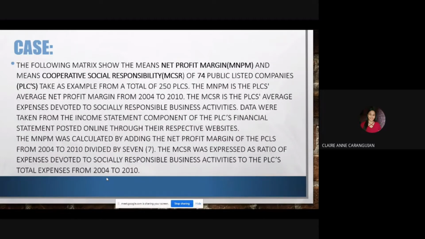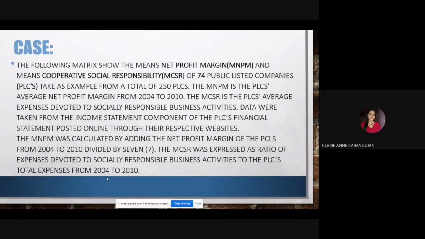Next. So here are the given. Case: the following matrix shows the mean net profit margin, or MNPM, and mean corporate social responsibility, or MCSR, of 74 public listed companies, or PLCs, taken as an example from a total of 250 public companies.